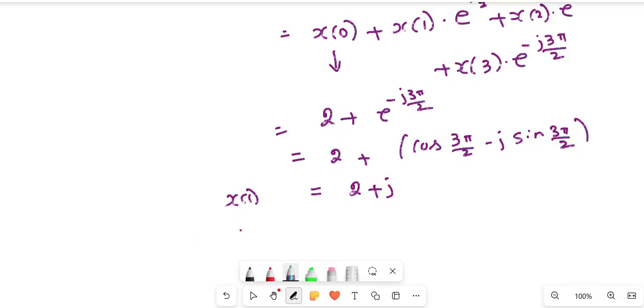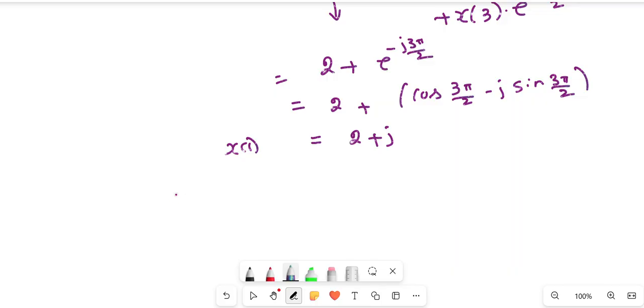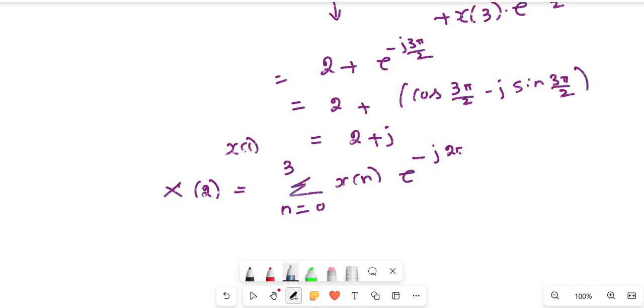Similarly, for the next case, x of 2 is equal to the summation of n equal to 0 to 3 of x of n into e power minus j 2 pi by 4, where N is 4, into k into n, and k is 2 into n.